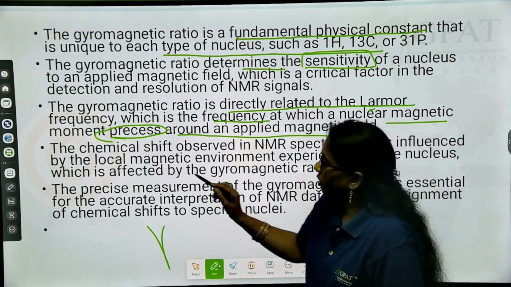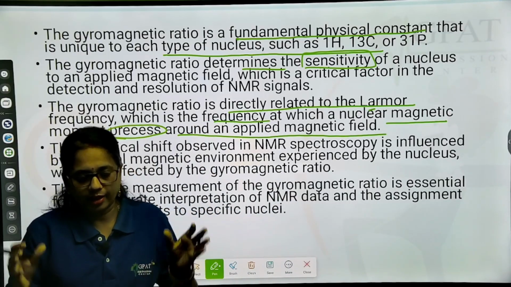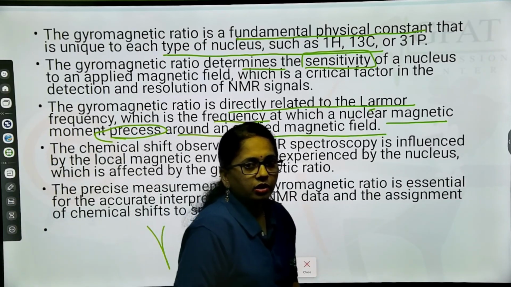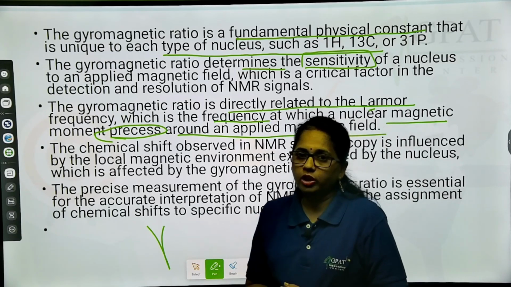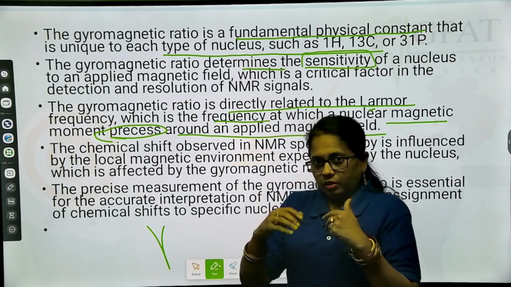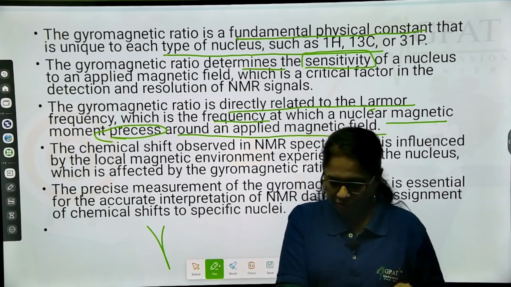Based on these frequencies and the external magnetic field, the absorption of the radiation is going to take place. Then you are going to see different atoms giving peaks at different chemical shift values.